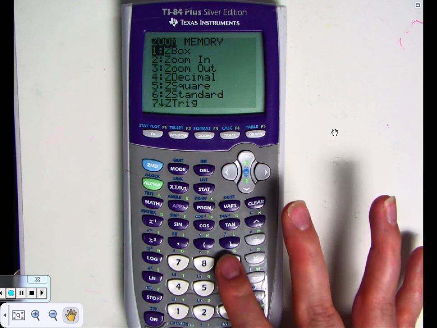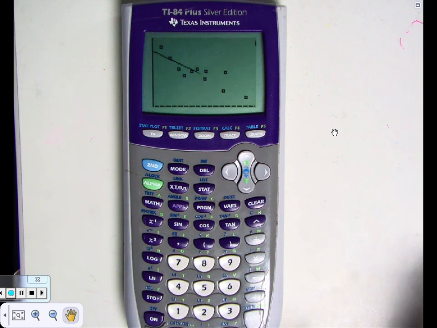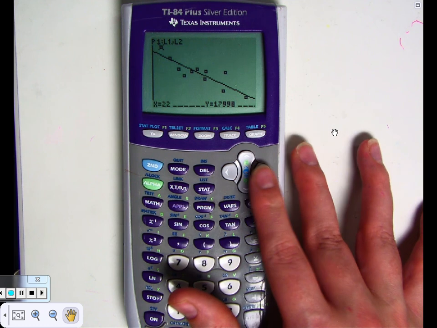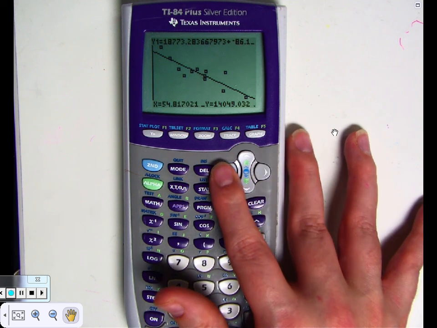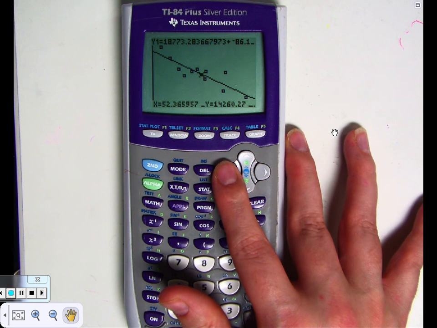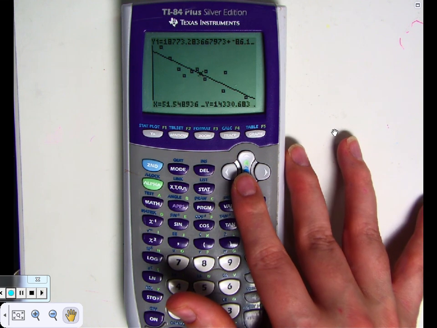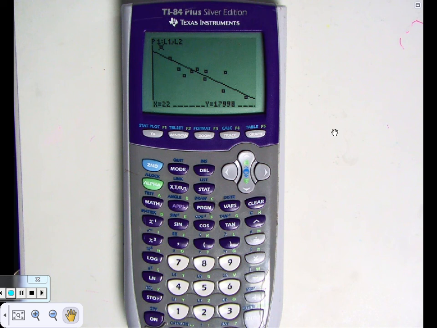So let's ZoomStat, Zoom 9. Now we see the scatter plot with that least squares regression line. So we get a really good idea of what this is supposed to look like. If I ever ask you to sketch this, you can actually sketch this. And you can trace around and get the coordinates of the different points.